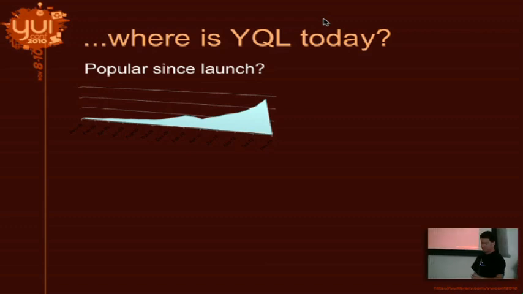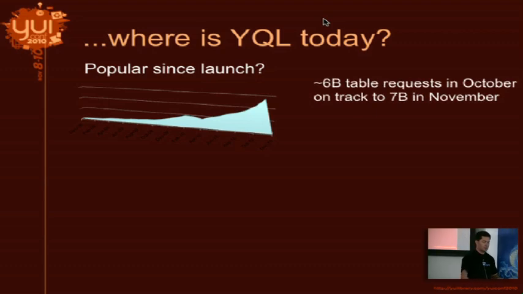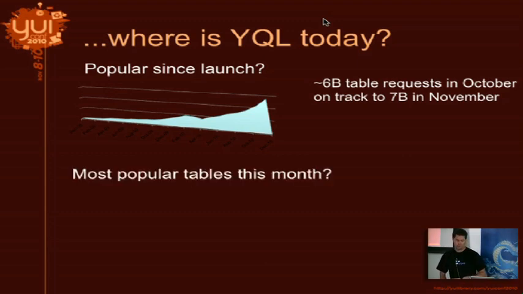What is that number? Well, it's almost 6 billion requests in October alone. In the first 7 days of November, we're on track for 7 billion, and I can only attribute this to YUIConf and the excitement that it generated out there. This is a lot of requests.